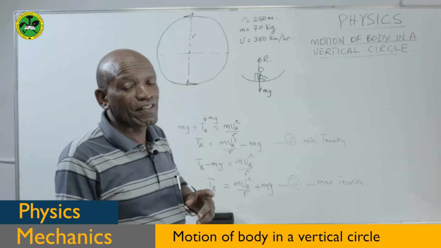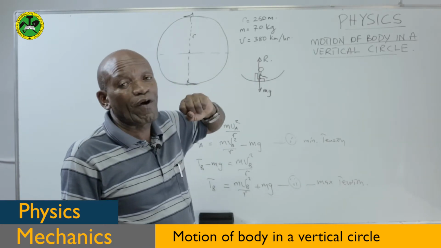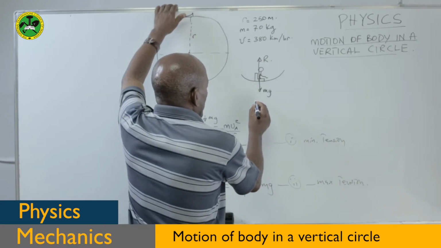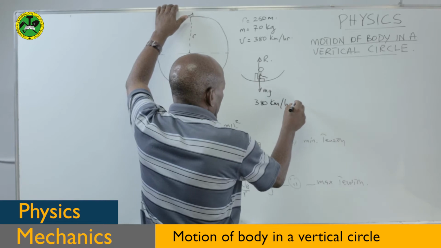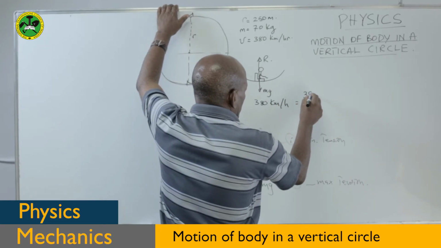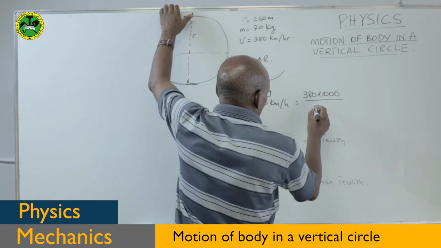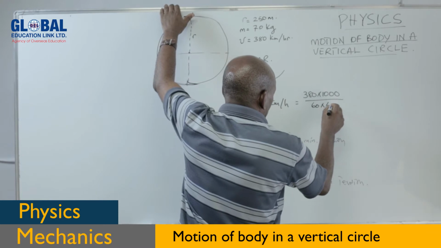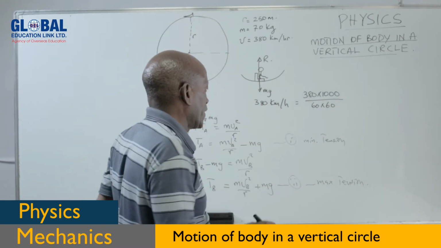Our first step is to convert this velocity, 380 kilometers per hour, into meters per second. The 380 kilometers per hour is just like 380 times 1,000, converting into meters, and we divide per second, so we divide by 60 times 60, because 1 hour has 3,600 seconds.